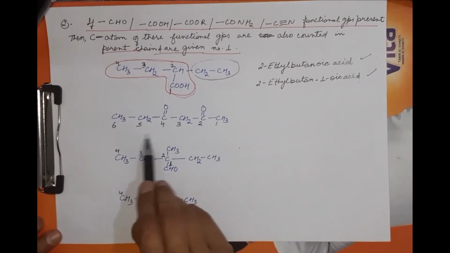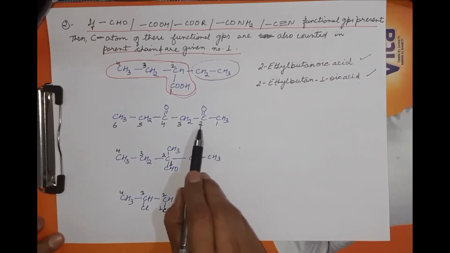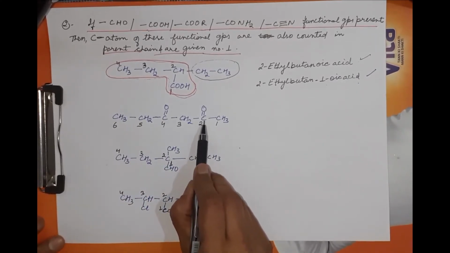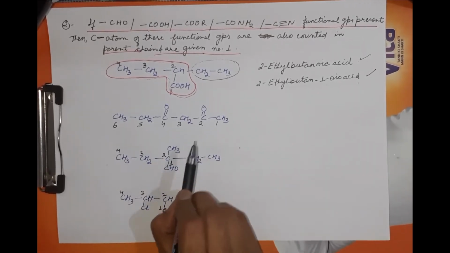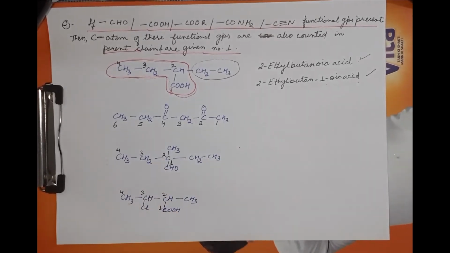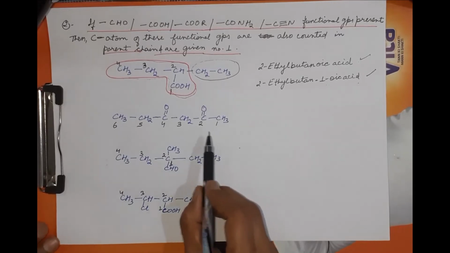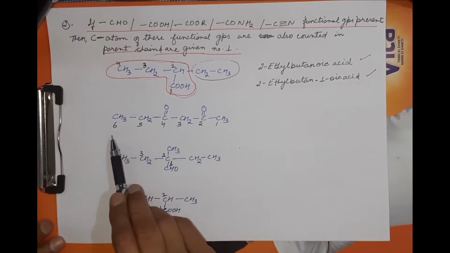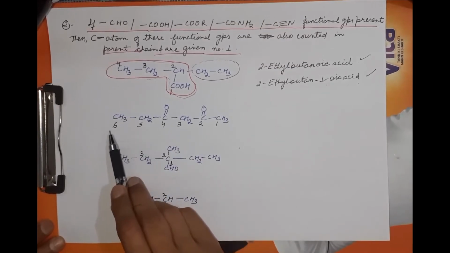So then in another example, we can see that 2 ketonic groups are present. We have to number in such a way that these functional groups get the lower numbers. So we will start from right to left. 1, 2, 3, 4, 5, 6.